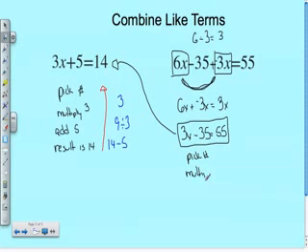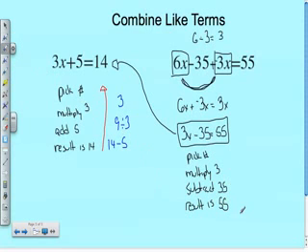Okay, so now we have combined our 6x and our negative 3x. So we can rewrite our equation as 3x minus 35 equals 55. Now this certainly looks like something that we can all handle.